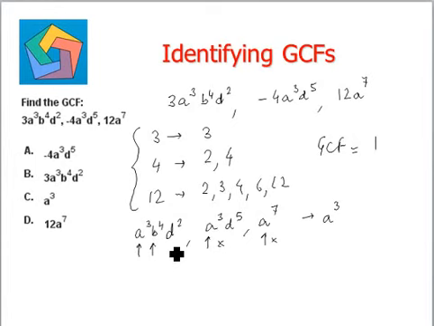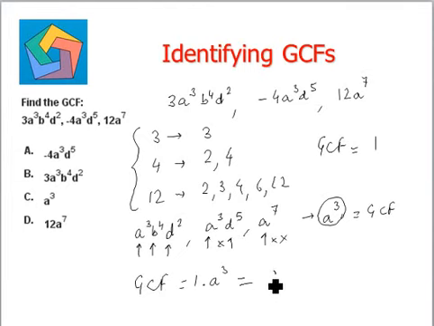Now we have d squared over here, d to the power of 5, while d does not exist in the third expression, so d will also not be considered. So a cubed is the GCF of the variable part. So the combined GCF is 1 times a cubed, or simply a cubed. This is the final answer, which can be seen in option C.